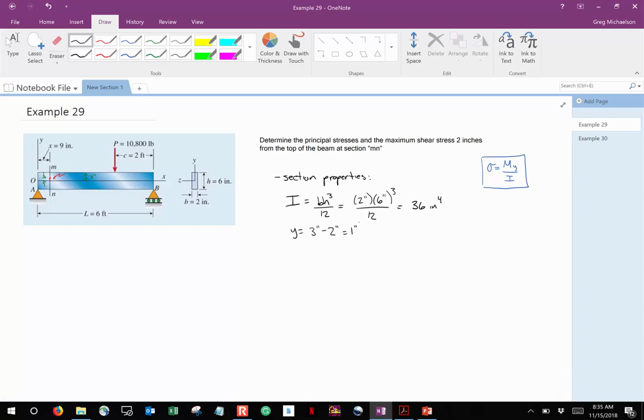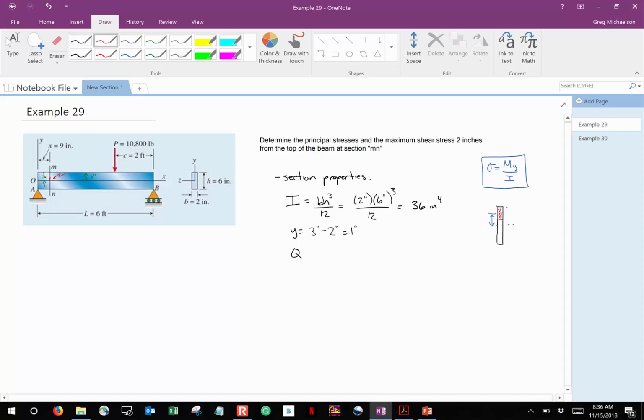The only other thing that we're going to need is Q. So remember, when you're looking at Q, what we've got is a cross section that looks like this. Here's our centroid, and we know that our point in question is right here. So we take that area multiplied by that moment arm right there.